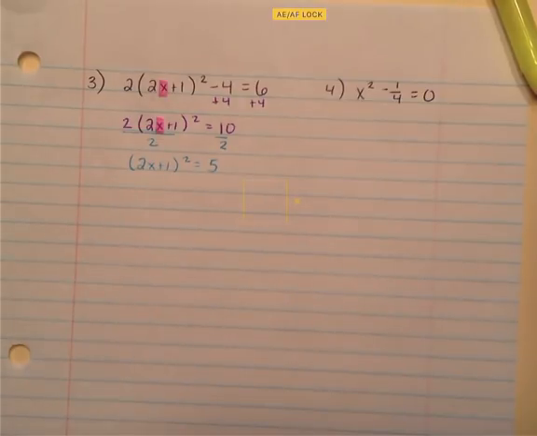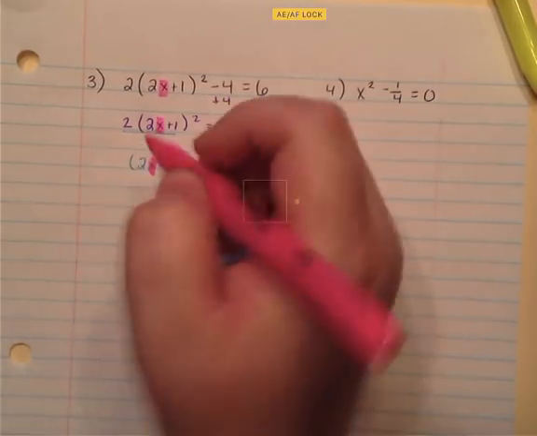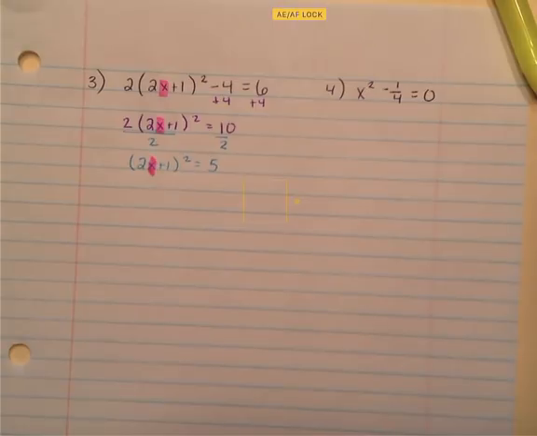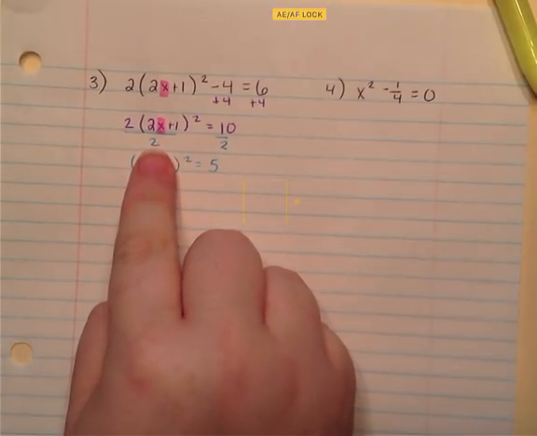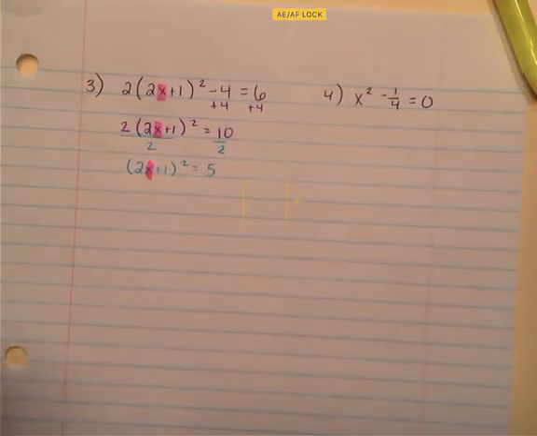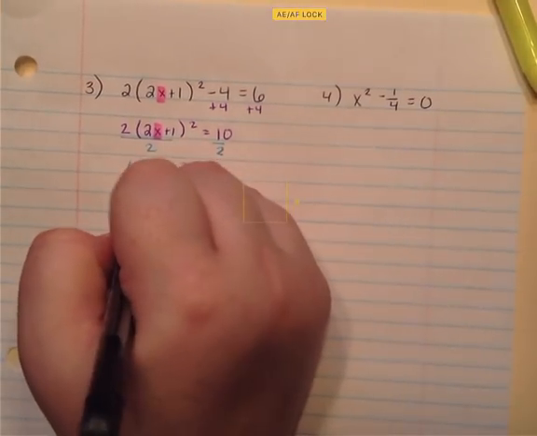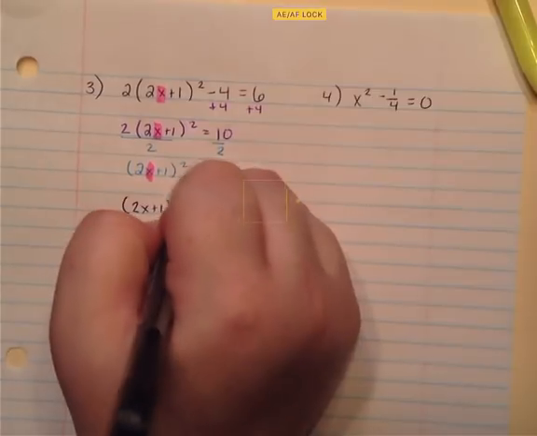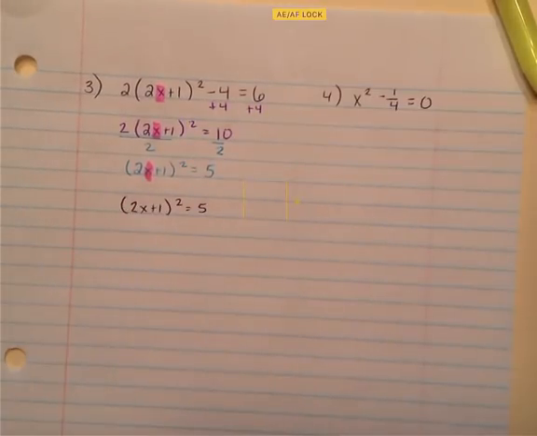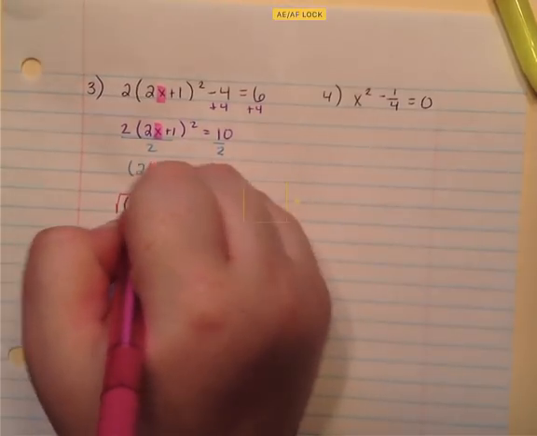We still are looking for this value of x. We still have just that one letter x in there. So now the only thing attached to the parentheses is the square. The inverse operation of squaring is square root. I'm going to rewrite this problem. 2x plus 1 parentheses squared equals 5. So that we can square root both sides.